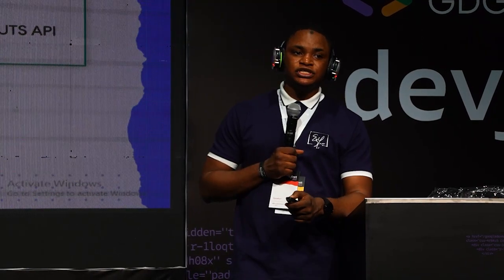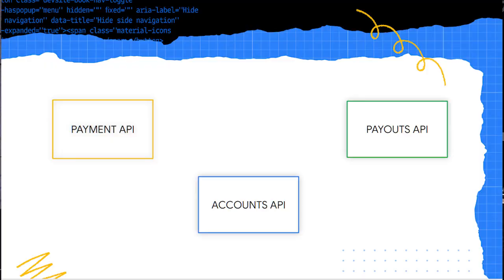You can integrate the API and receive traditional payments via card, USSD, or whatever form of payment. You receive it on your platform, but it's stored in the form of USDC, and you are also able to initiate payouts using their payout API to any traditional payment system.